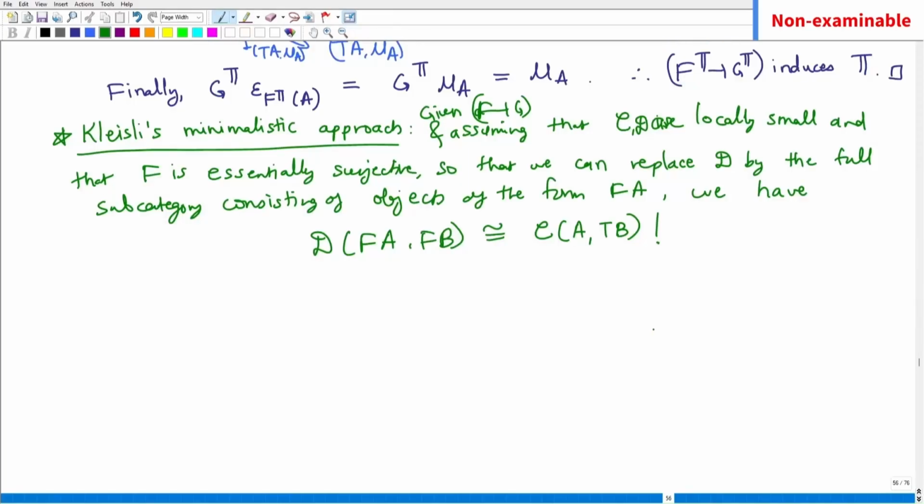Okay, so let us define. Kleisli defines this category, Kleisli's category C_T, where T is a subscript. What are its objects?